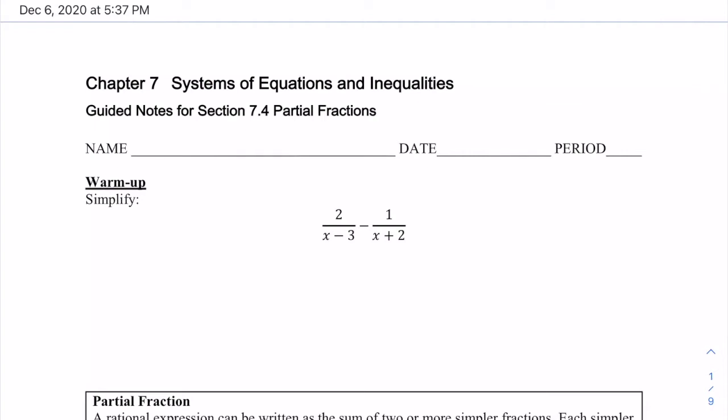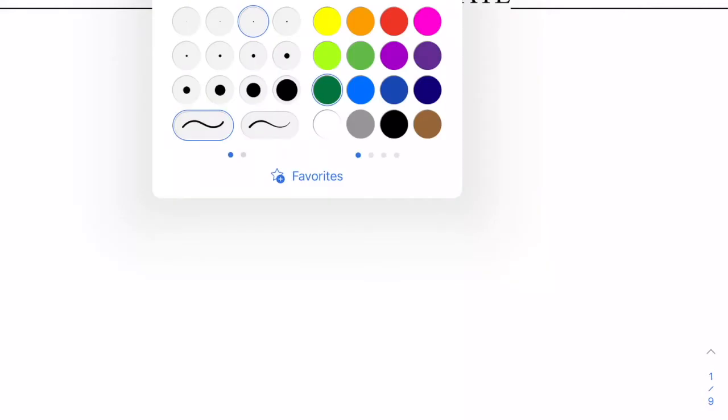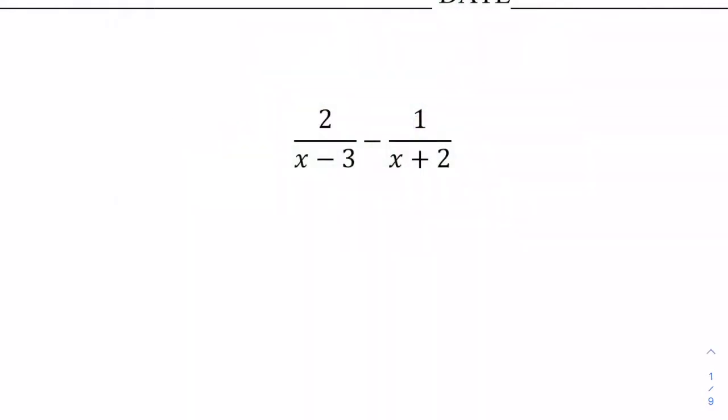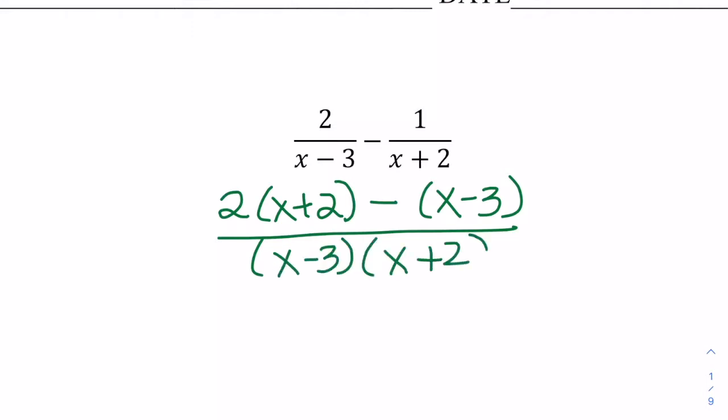So partial fractions are just like these, and if we wanted to combine this into one fraction, we would find the LCD. So we'd multiply the first fraction by x plus 2, and then the next fraction by x minus 3, and write that all over x minus 3 times x plus 2.